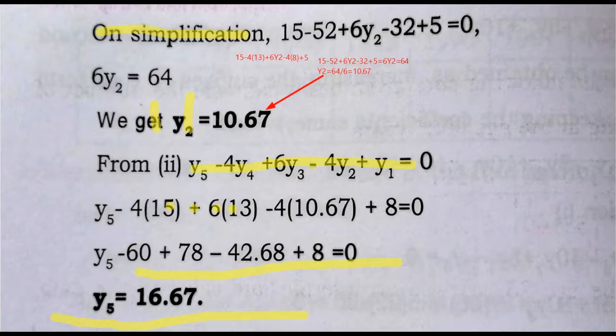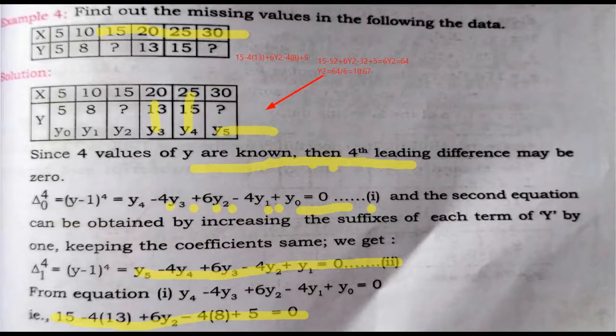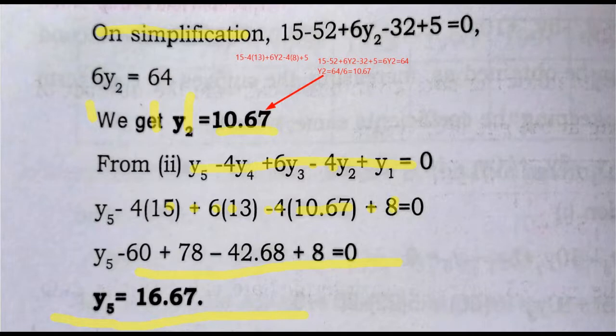Minus I have taken as it is, 4 into the y2 value we have found here, which is 10.67. I have entered 10.67, plus as it is, and the y1 value is 8. The same value I have entered, 8.